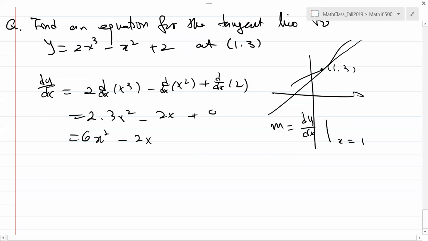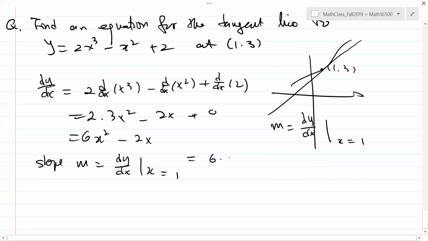So that is a derivative as a function. Remember we did it, right? Derivative as a function. This is a new function, a quadratic function, since the original function is a polynomial of degree 3. Now the slope m should be evaluated when x equals 1.